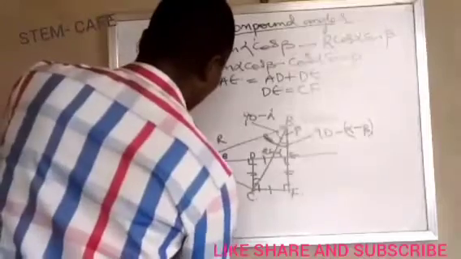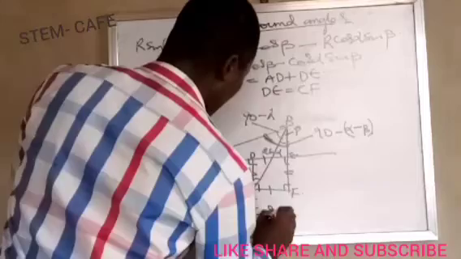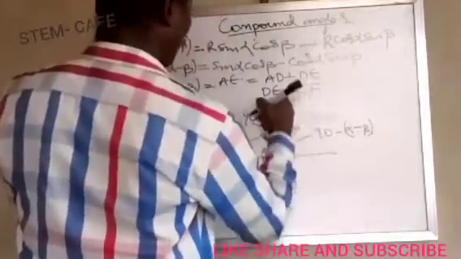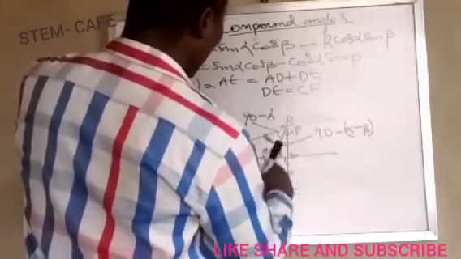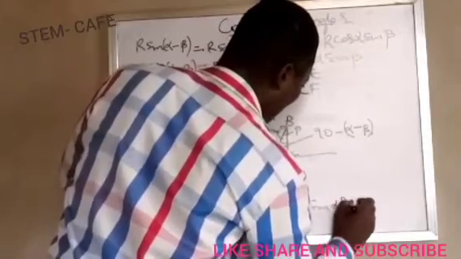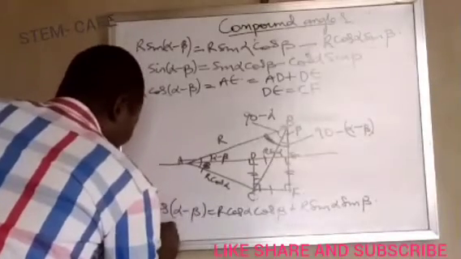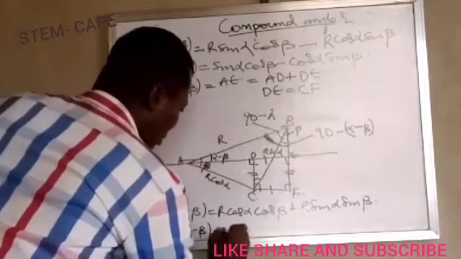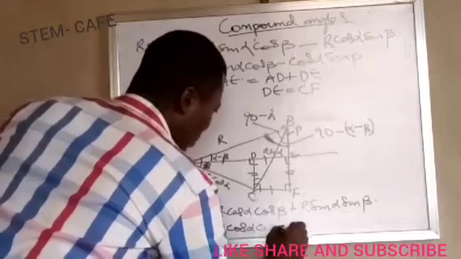AD is R cos alpha cos beta. What is CF? CF is R sine alpha sine beta. Dividing through by R, I can see that cos alpha minus beta is equal to cos alpha cos beta plus sine alpha sine beta.